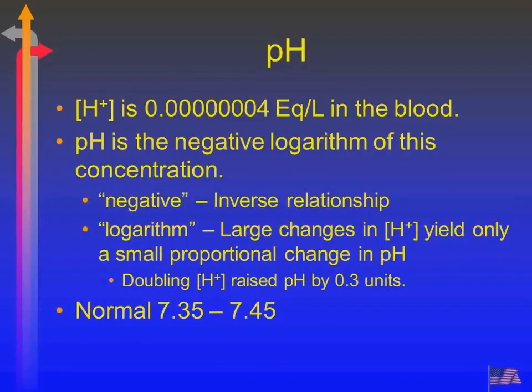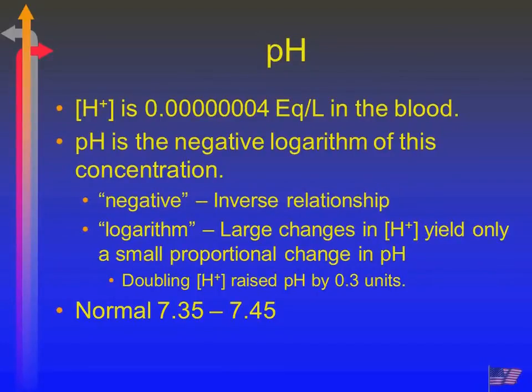Okay, pH. Remember, it's a negative logarithm of the hydrogen ion concentration. We know that the hydrogen ion concentration is an extremely small value within the blood, and that's why we look at it logarithmically, because the value itself is so small. Doubling the hydrogen ion will only change the pH by about 0.3.